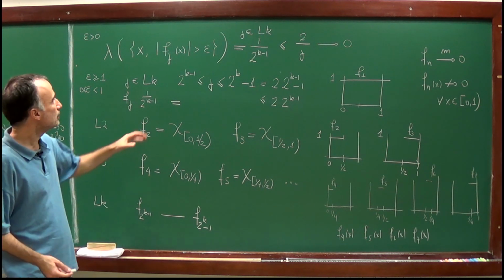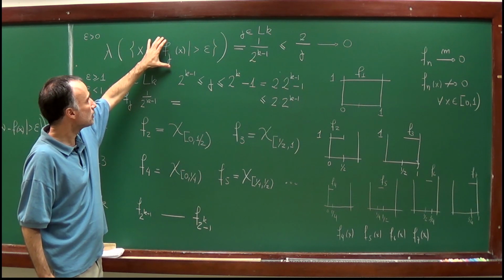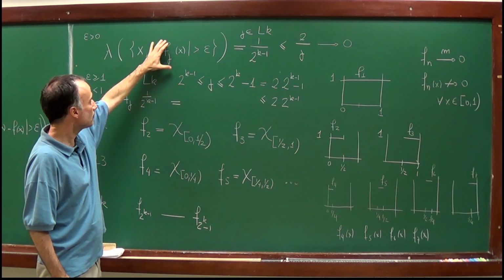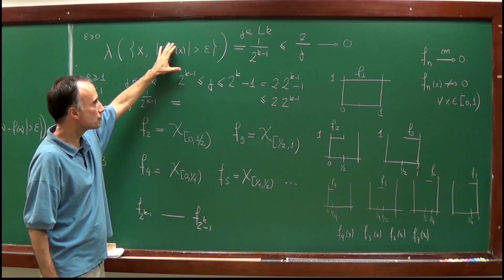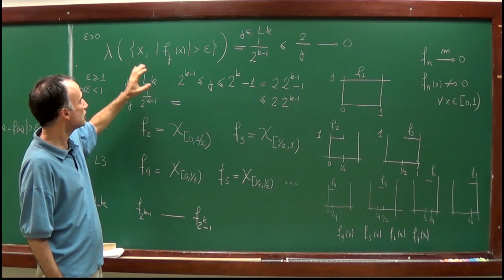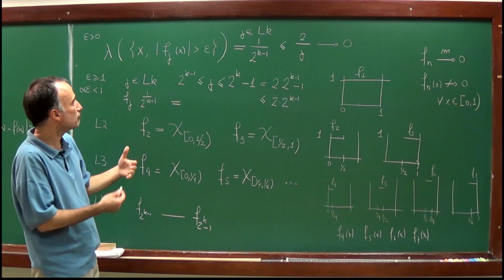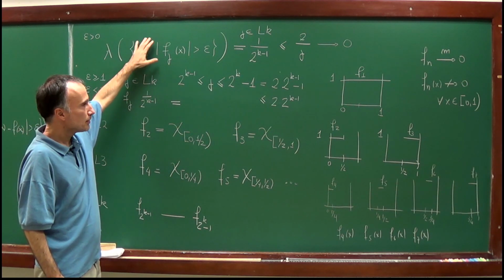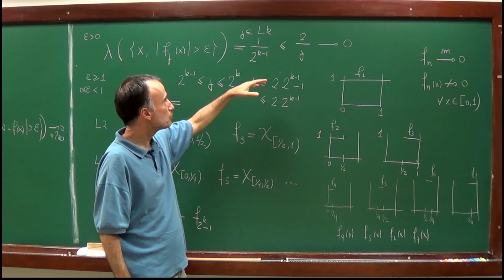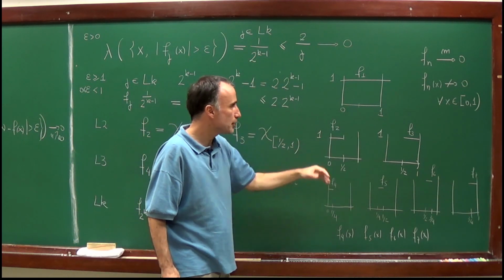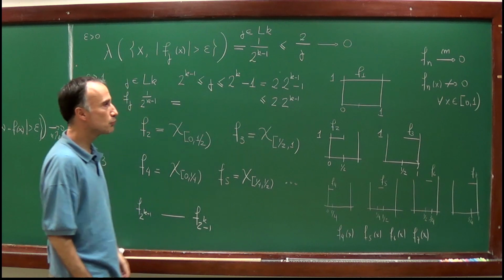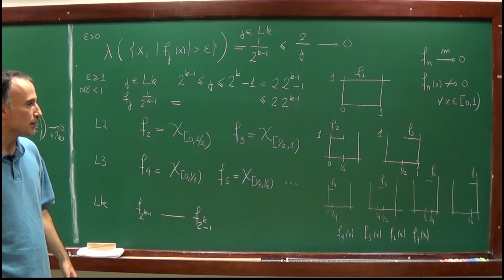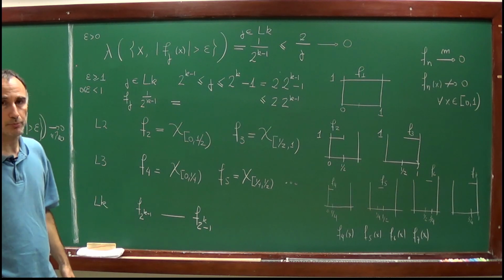What's happening here is that these sets are changing, but what's important is to estimate not the set in itself, but the measure of the set. And it comes from the fact that we're only estimating the measure of sets that we may have a sequence which is converging to 0 in measure but not converging pointwise to 0. So it's important to keep in mind this example.